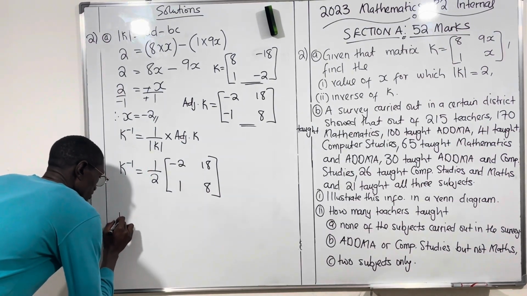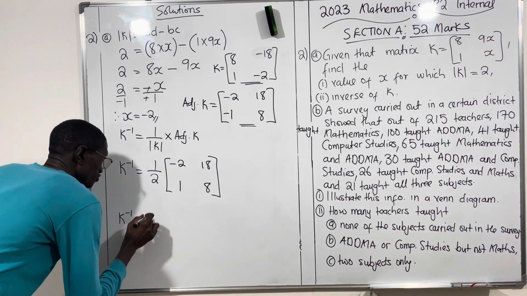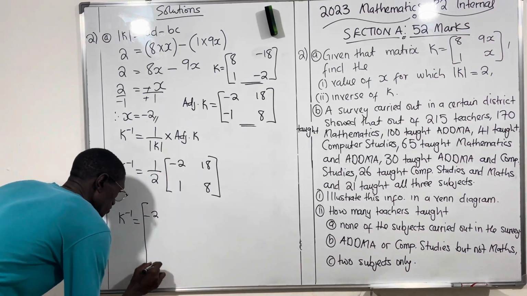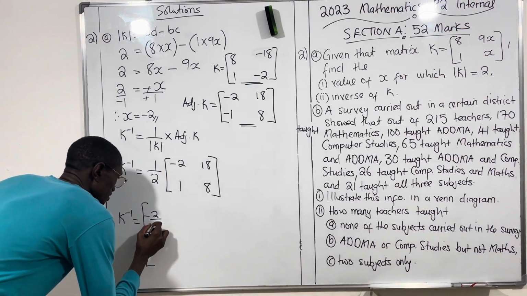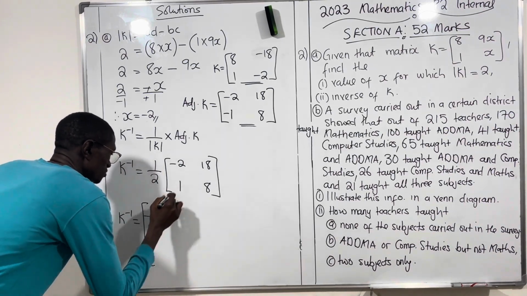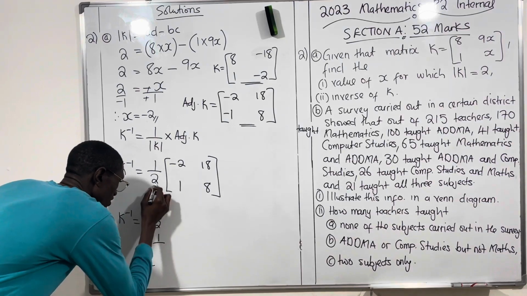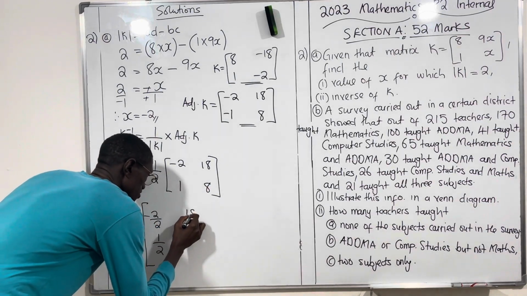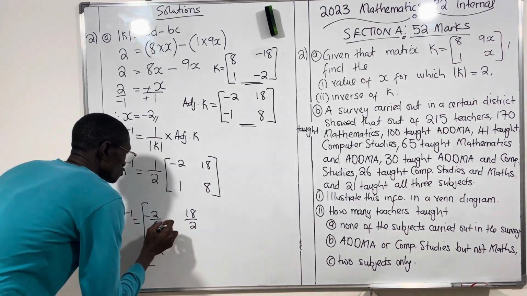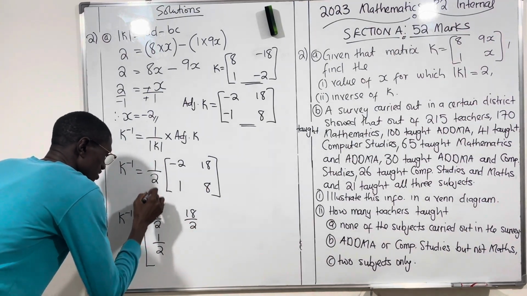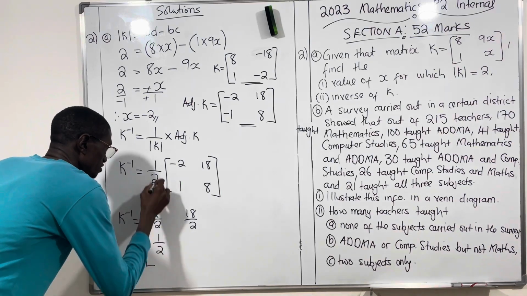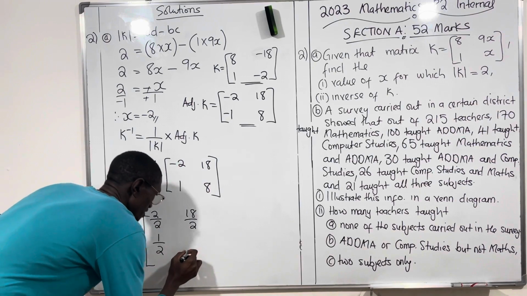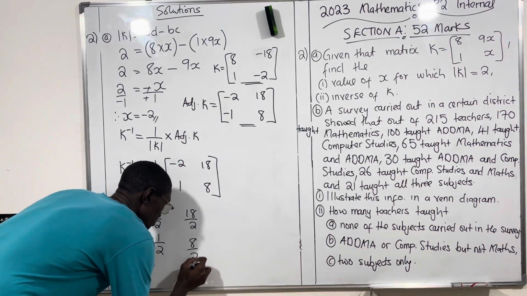So the inverse is going to be 1 times -2 is going to be -2 over the determinant there. 1 times 1 there will be 1 over the 2 there. 1 times 18 is going to be 18 over the 2. So the denominator keeps appearing everywhere else. The top number is 1 multiplying with all the values inside. 1 times 8 there is going to give us 8 over 2.